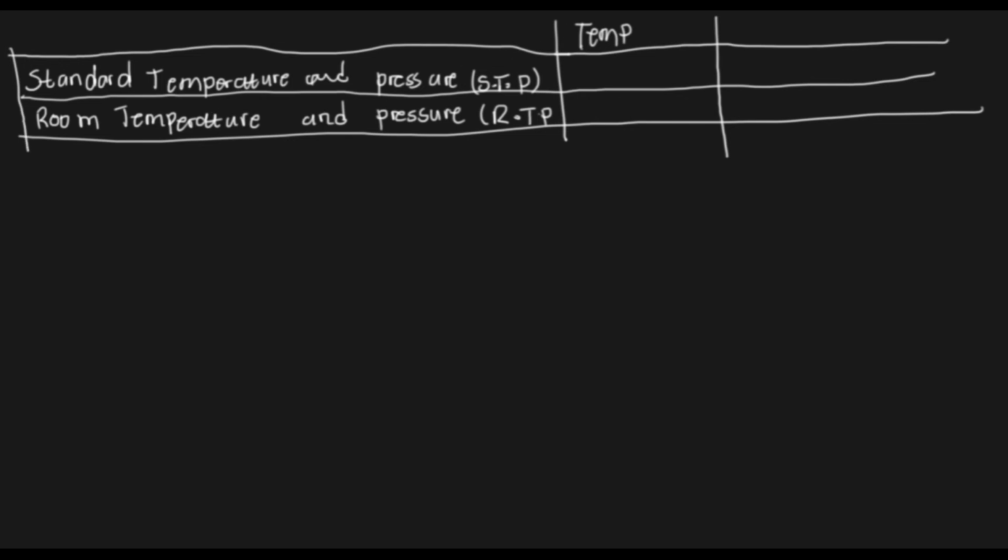So in Kelvin, the temperature at STP is 273 in Kelvin. Then in degrees Celsius is 0. So 0 degrees Celsius, because we know that for us to convert from degrees to kelvins, we add the given temperature in degrees plus 273. So when the temperature is 0 degrees Celsius, that is a standard temperature.